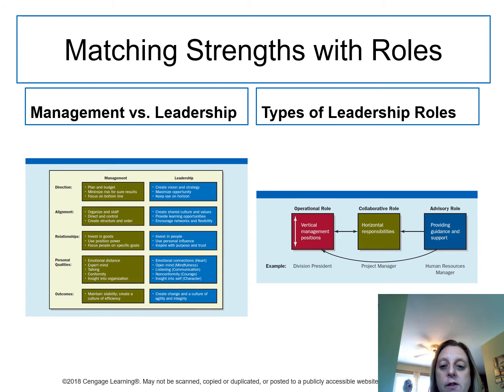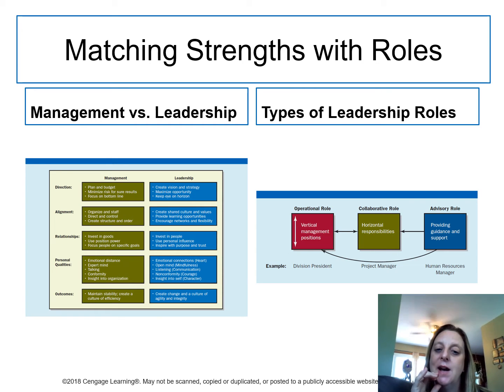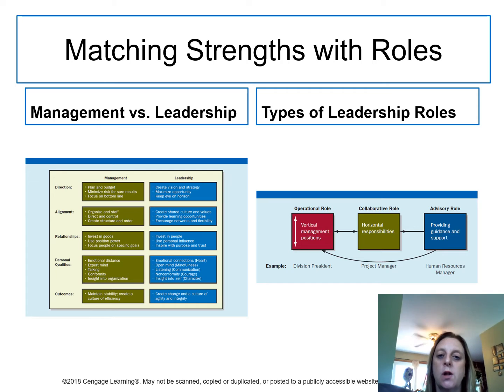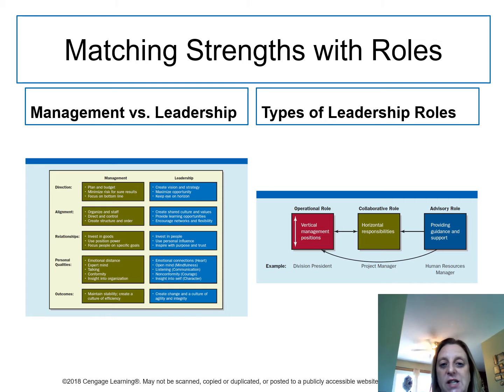In looking at the collaborative leadership role, let me go back. Still talking about the operational role. Sorry, so this is really more like the traditional line and general management positions, the type of leadership role that someone might find themselves in, utilizing those managerial traits.